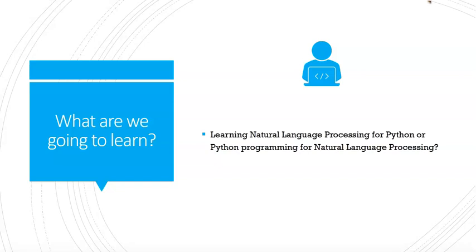But in this course, I am going to concentrate on the Python language. So you will learn how to program natural language processing in the Python language, so that you will be writing Python programs and you will be learning the Python language.